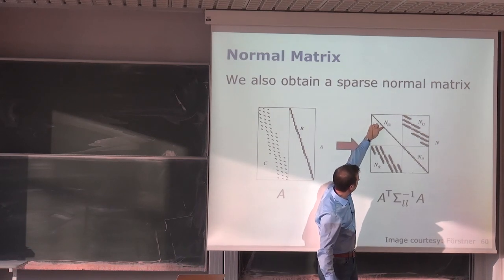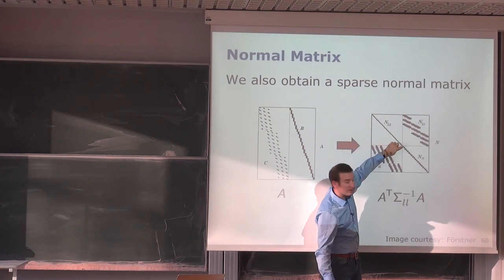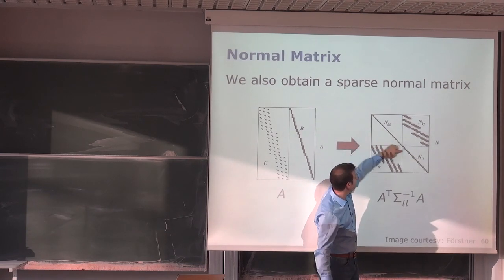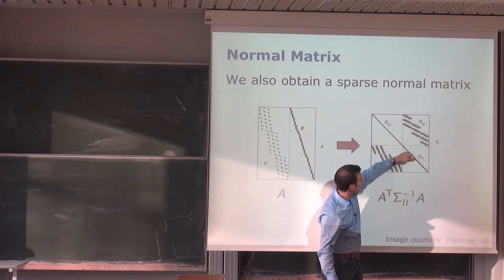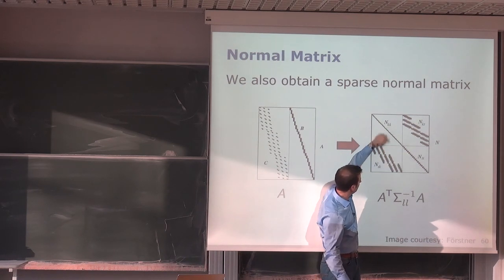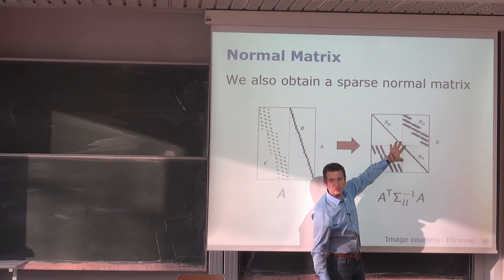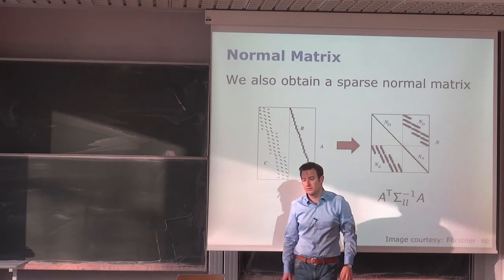So this image point is correlated with this camera position, and with the next one, and with the next one, and then with one down here, with this one, and with this one. This is the information that I obtain from this matrix.